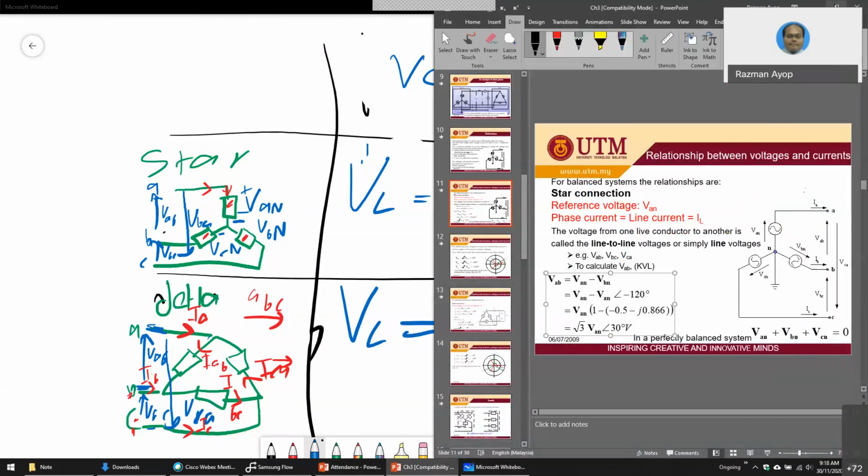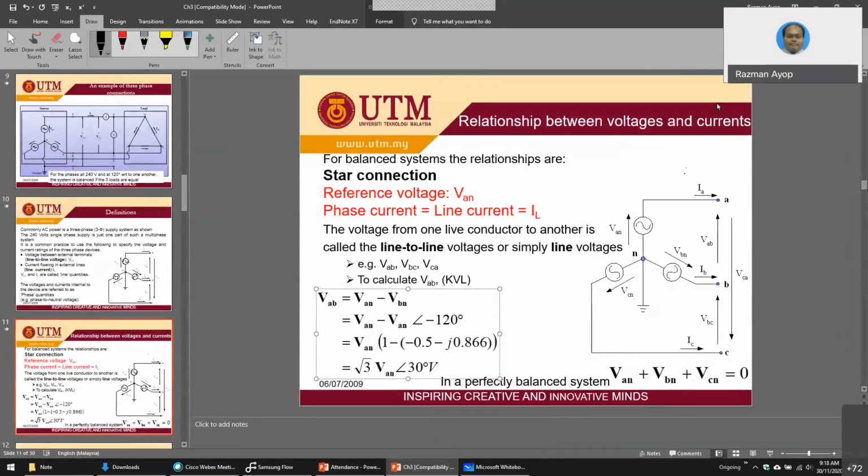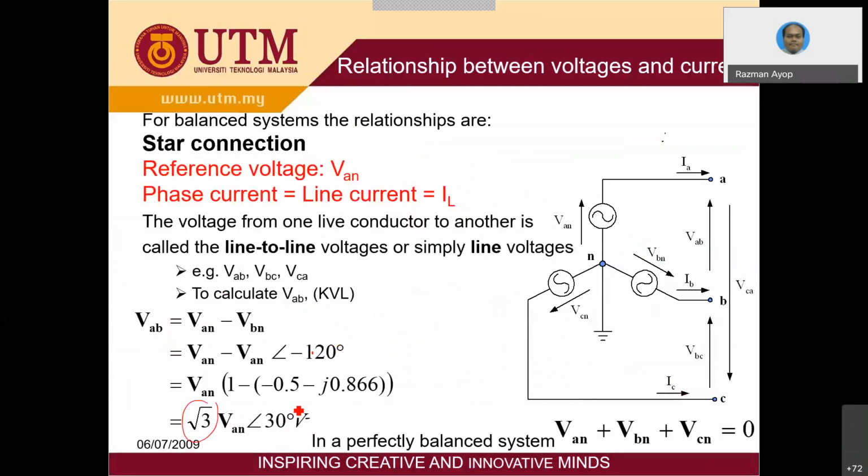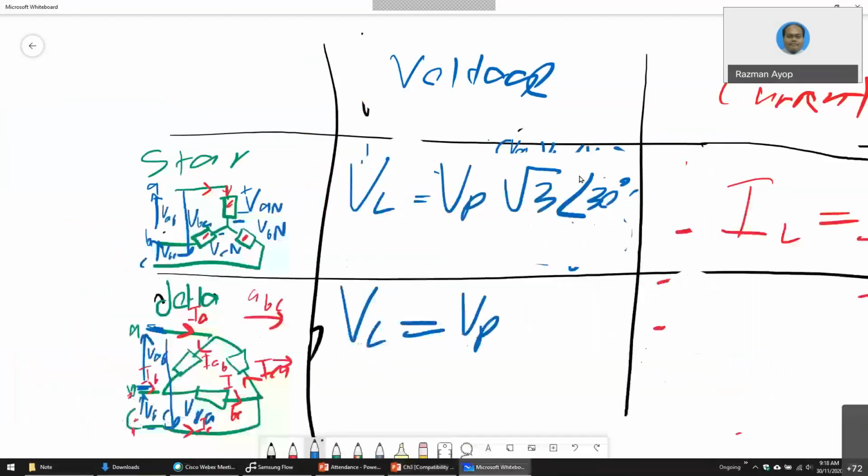If you look here, you get square root 3 and 30 degrees. Don't forget about the angle. So basically this is the formula: VL equals V phase multiplied by square root 3 angle 30 degrees.